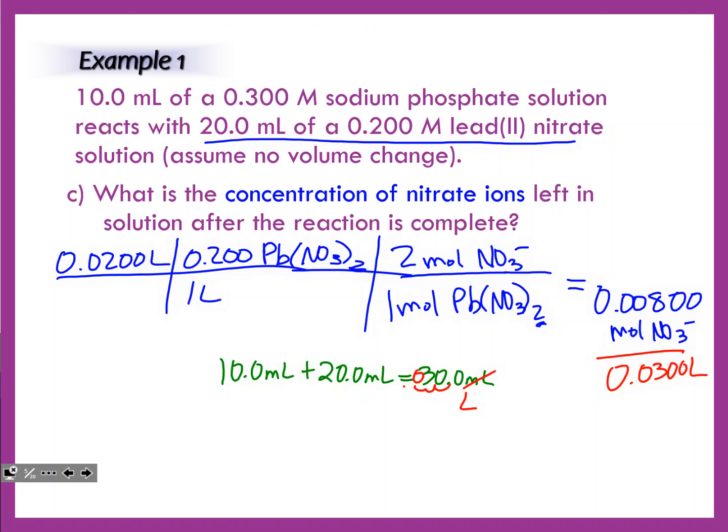So 0.008 divided by our 0.03. And what do we get here? 0.267 molar of nitrate. That's the easy part because that's the spectator, the one that's not reacting.